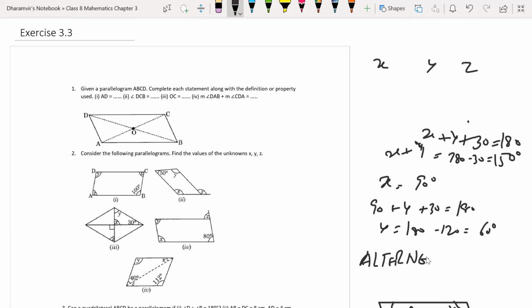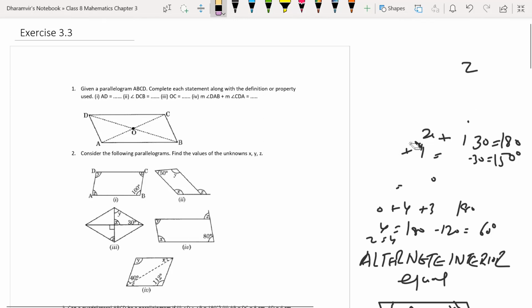Hence, z is equal to y. So here x is 90 degrees, y is 60 degrees, z is again 60 degrees. Okay. This is the solution for part 3.